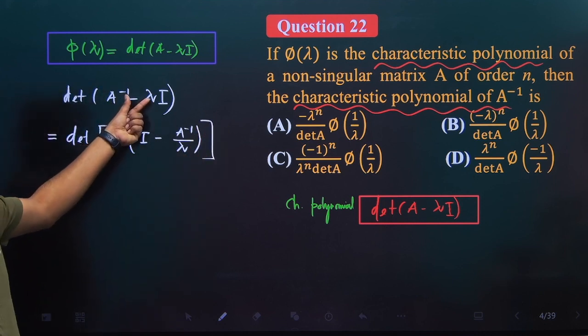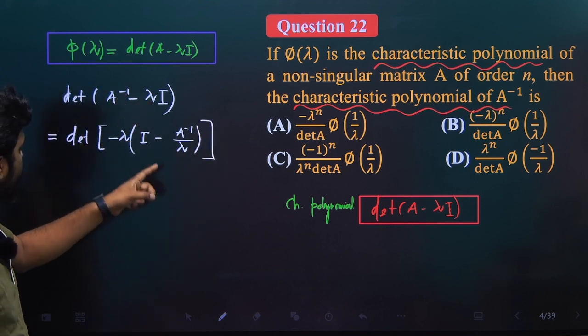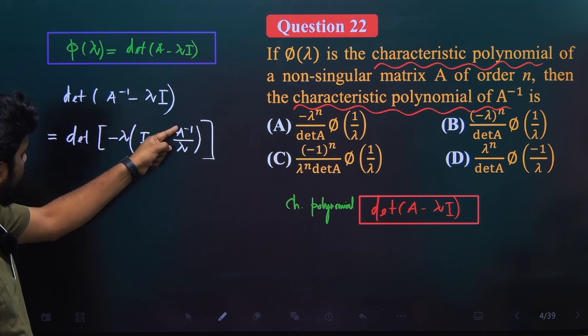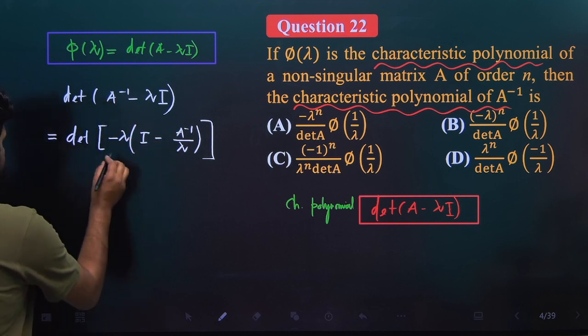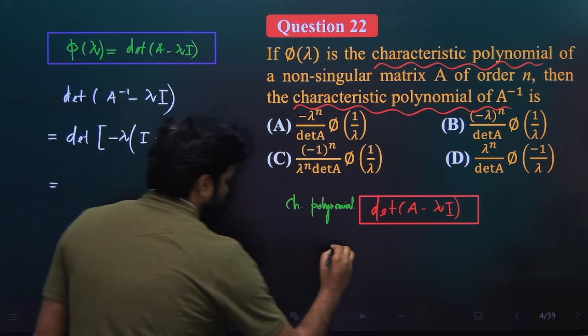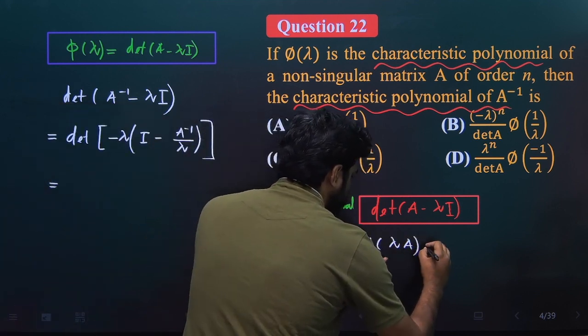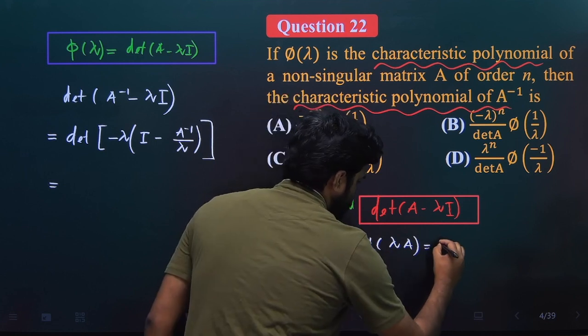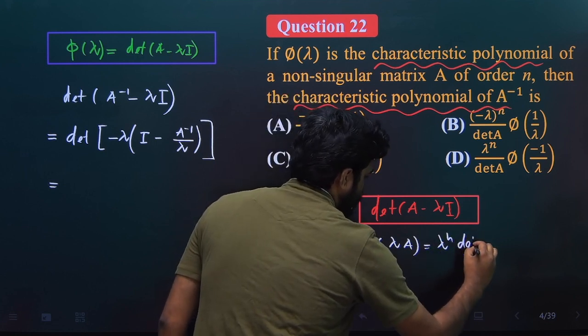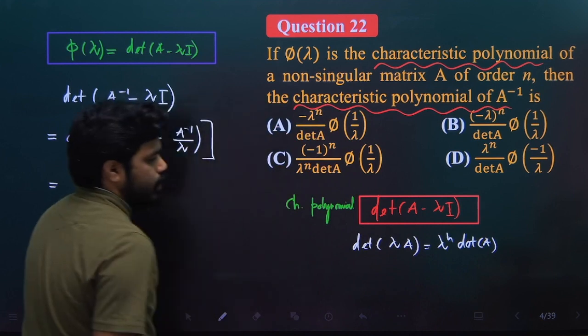If we take minus lambda common, we get I minus A inverse by lambda. So just apply this property: determinant of lambda A, if lambda is a scalar and A is an n cross n matrix, then it is lambda to the power n determinant A, right?